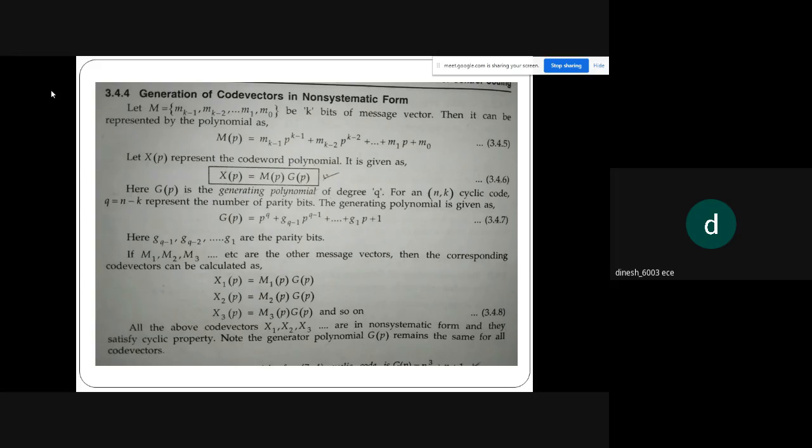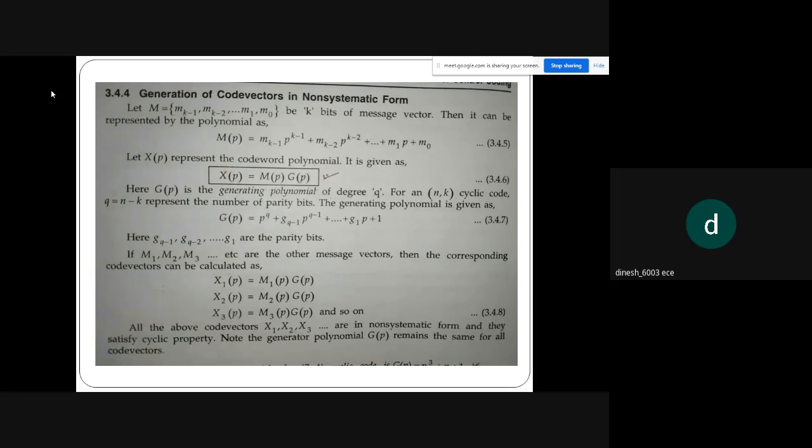So x of p can be written as m of p into g of p, where m of p is in equation number 3.4.5 and g of p is the generating polynomial of degree q.